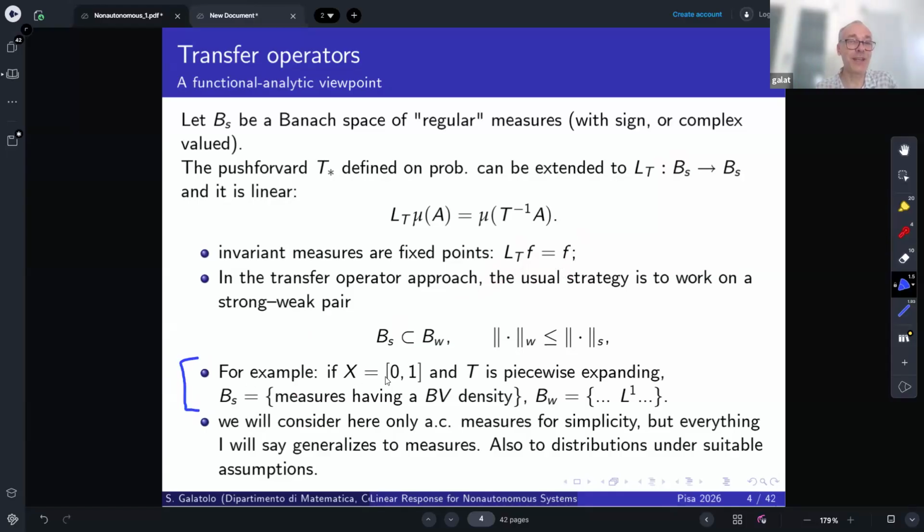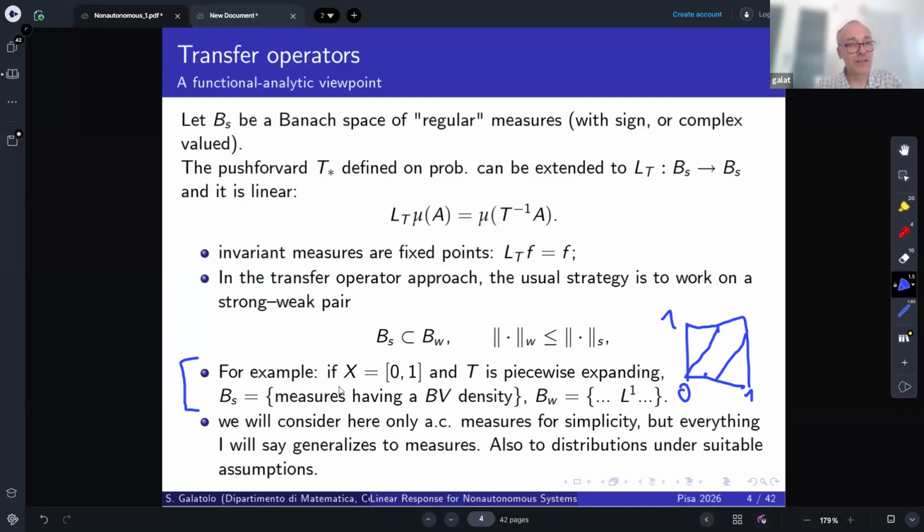If you have a dynamics on the unit interval and you have a map which is piecewise expanding, for example, something like this. And this is the interval, and this is a certain map which is piecewise expanding, and the system is topologically indecomposable.